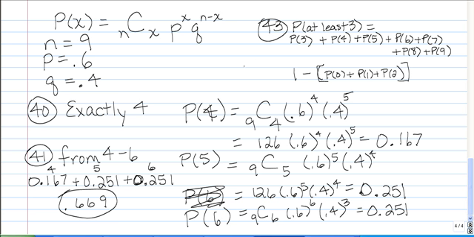So we could use the complements rule. You do have the option, though. You can do it the longer way if you're more comfortable with that. I would go with the complements rule simply because it would be quicker. And let's see if we can do this one on the next page.